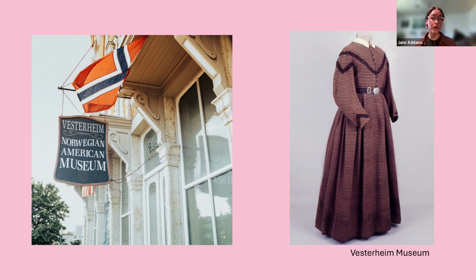This research was a partnership with the Vesterheim Norwegian American Museum, so I was able to access the collection on several occasions and take readings of the surfaces of various textiles in the collection. Orchil dye is very significant in Norwegian textile history, and there are some objects that were believed to be dyed with orchil.